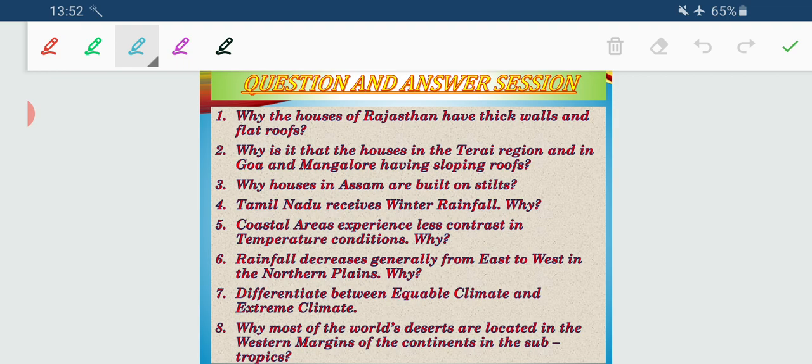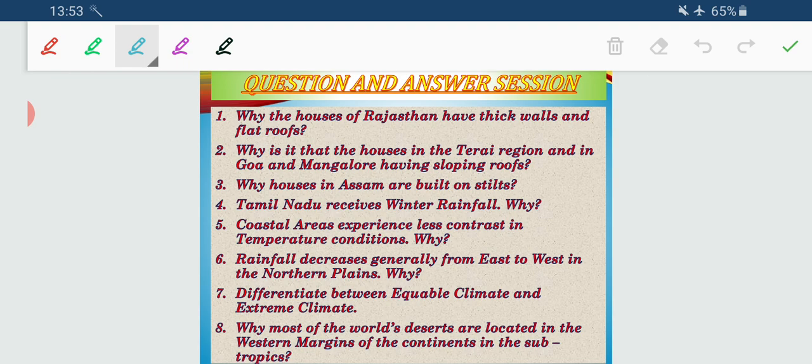If they want to dry any grains, that is not possible on the sandy texture because it is very loose, and all those grains will be mixed up with the dust particles if there is any fast flowing of the winds. So what is the result? They dry the grains by using the flat roofs.